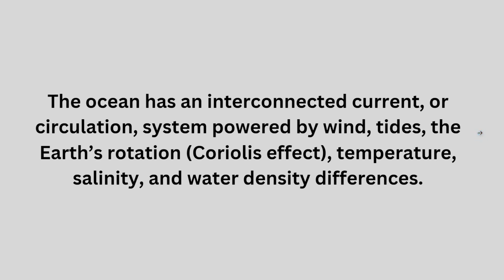The ocean has an interconnected current or circulation system powered by wind, tides, and the earth's rotation, which is called the Coriolis effect, as well as temperature, salinity, and water density differences. So the five oceans of the world are interconnected with currents and circulation powered by wind.